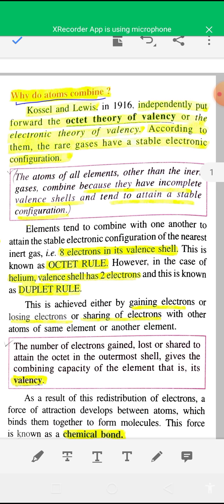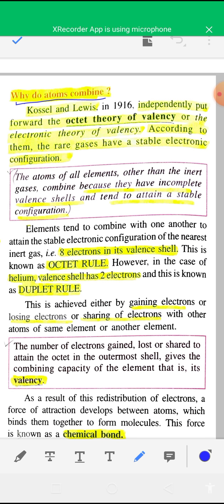According to Kossel and Lewis, the rare gases have a stable electronic configuration, that is 8 electrons in their valence shell. So the atoms of all elements other than the inert gases combine because they have an incomplete valence shell, less than 8 or less than 2 electrons, and they tend to attain a stable electronic configuration, that is octet, or in a few cases duplet.